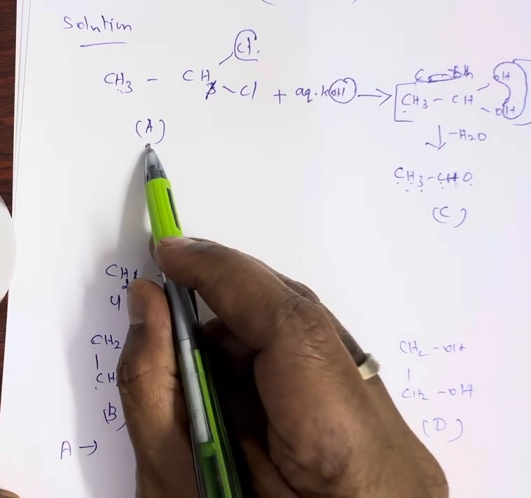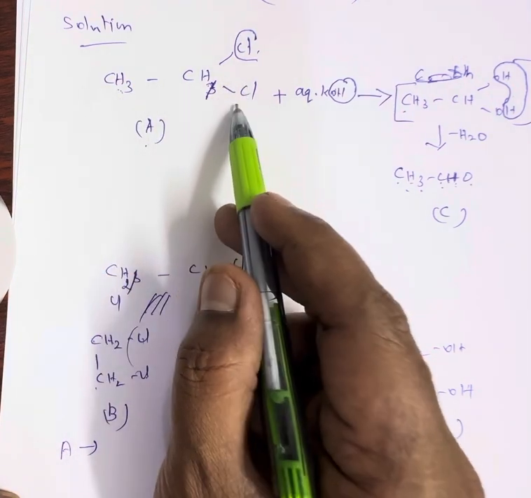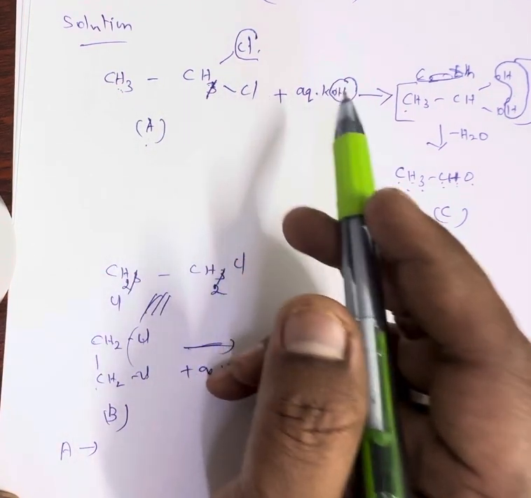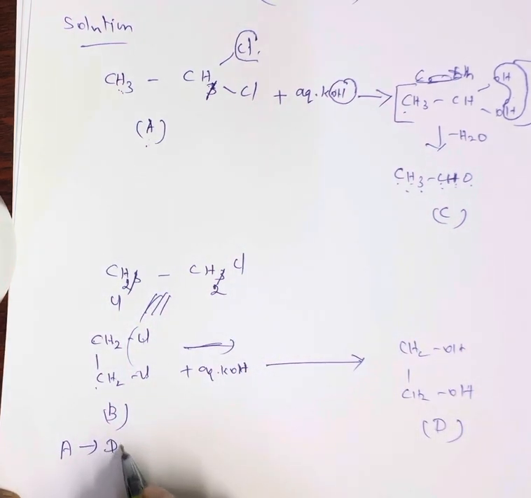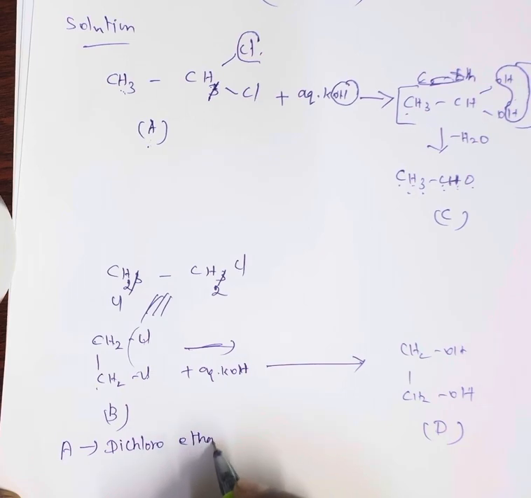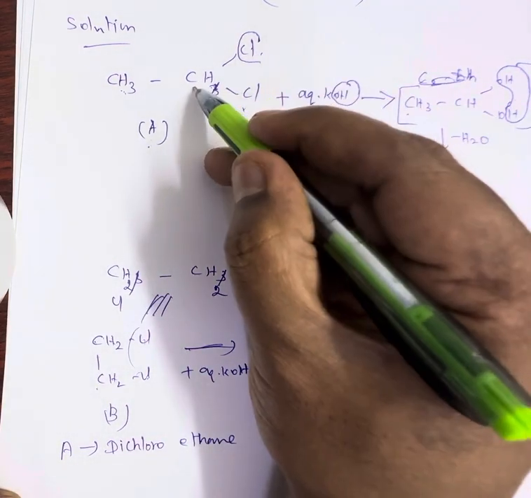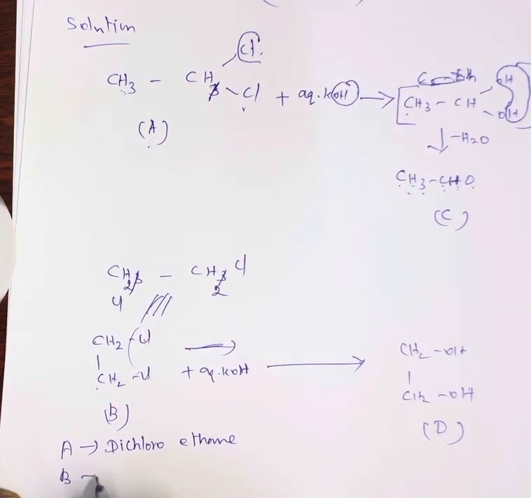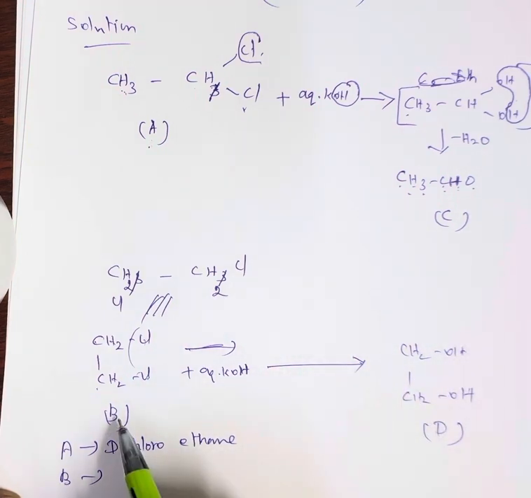What is the A compound? Ethylene dichloride, dichloroethane.